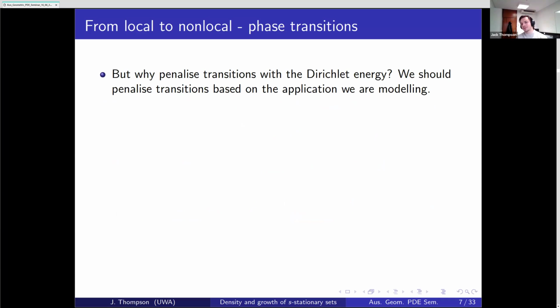But a reasonable question is, why should we penalize transitions with the Dirichlet energy? Really, we should pick how we penalize the transitions based on the application. Now, whenever we choose the Dirichlet energy, there's an underlying assumption that the objects are diffusing with Brownian motion. So there's a relationship here. Now, in many applications, it's been found that it might be better to diffuse in a different way, with non-Brownian motion.